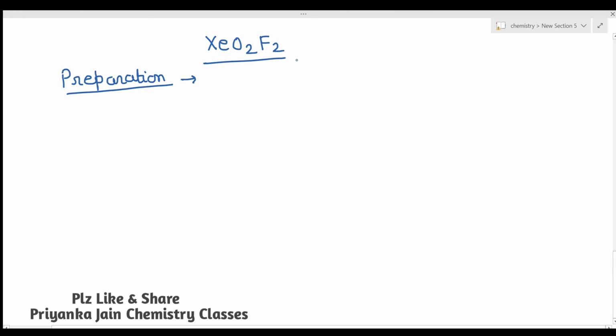Now see xenon dioxide difluoride, XeO2F2. Firstly see its preparation. It is prepared by mixing XeO3 with XeOF4, so we get 2XeO2F2.